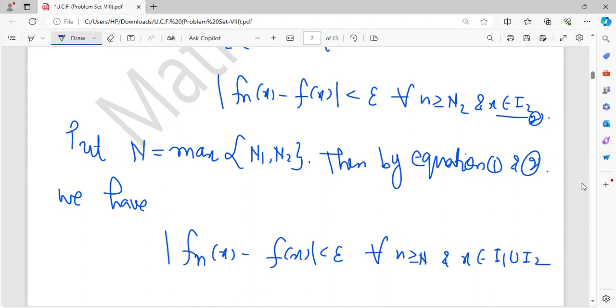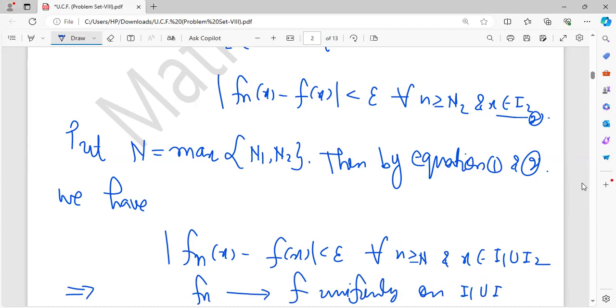If x falls in I1, it is still true. If x falls in I2, it is still true. So what does it mean? It means fn converges to f uniformly on I1 union I2.